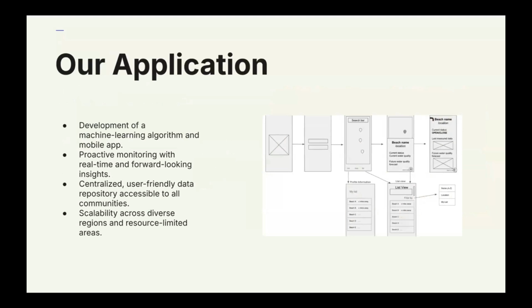So our application introduces a solution that leverages machine learning and mobile technology. So specifically, we developed a mobile application and chose an algorithm that could best predict and display pathogenic bacteria levels and overall water quality. So as I was saying, currently water quality data is reactive.